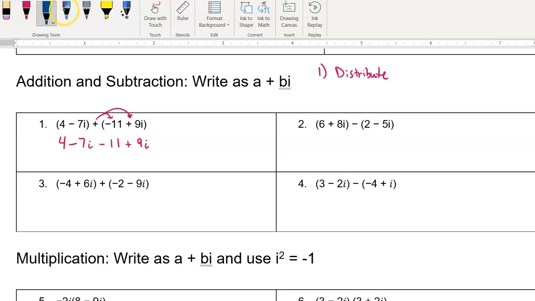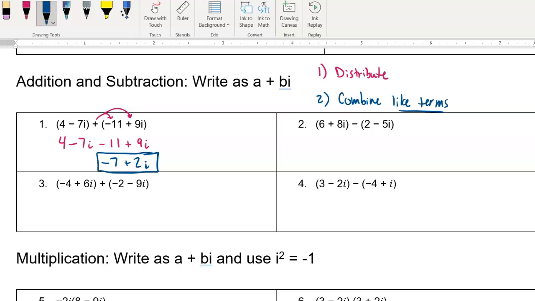So then the next step is to combine like terms. And it's important to remember that we're just working with like terms. So 4 minus 11, those are like terms. 4 minus 11 would be negative 7. And negative 7i plus 9i would be 2i.